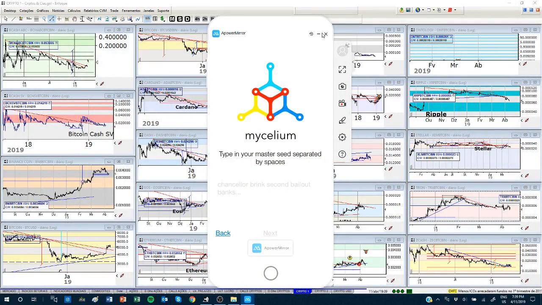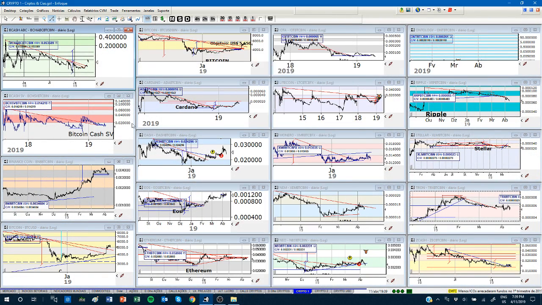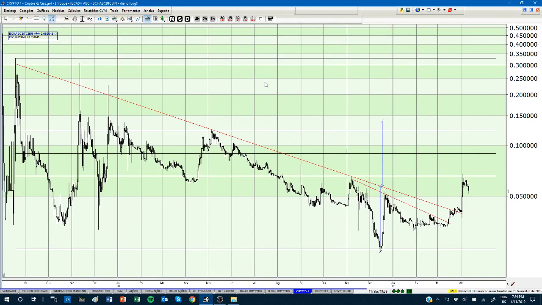But as we're here, I'm going to give you the analysis of the 20 most important cryptos, and we're going to take a look to see whether the market is reverting the upward movement or not. So starting with Bitcoin Cash, here we go.